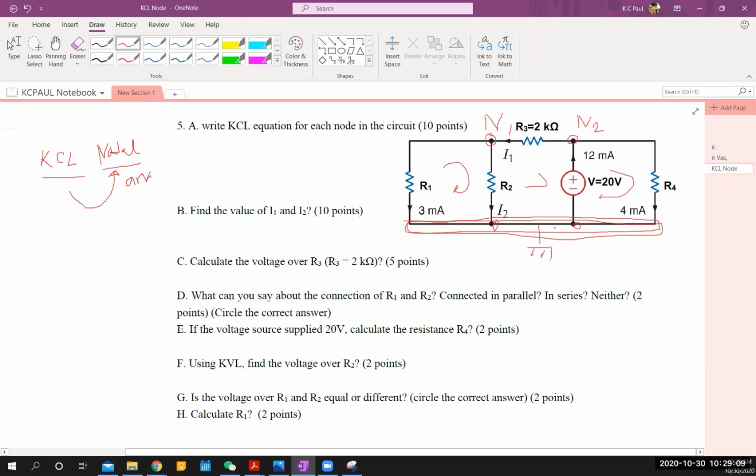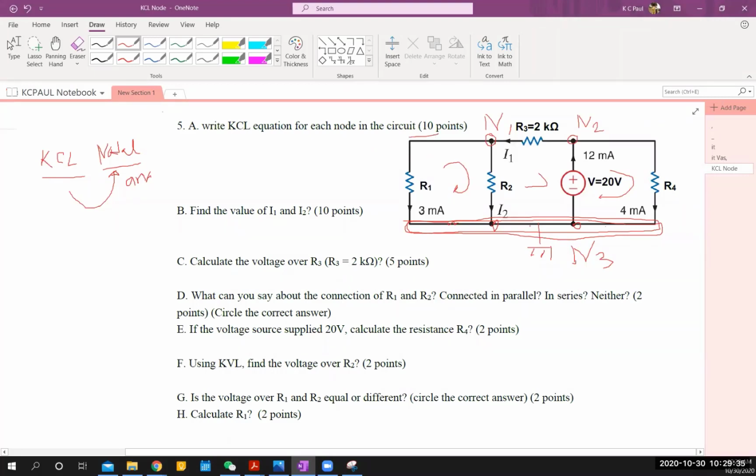There is no difference. If there are no elements connected here, then the entire bottom side is one node, that is node 3. If you have missed this node 3 expression of KCL, then I have deducted 3 points, because total 10 points.